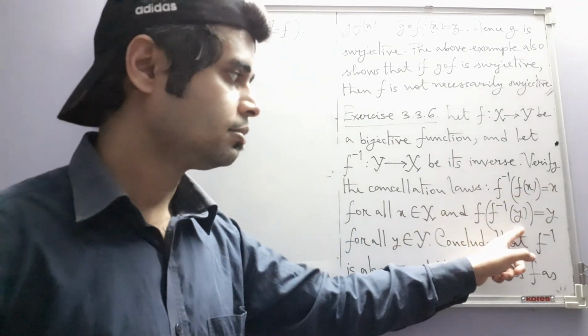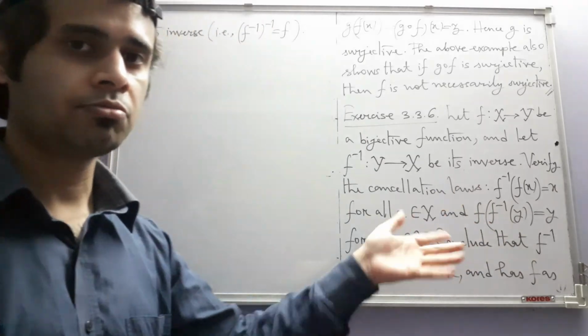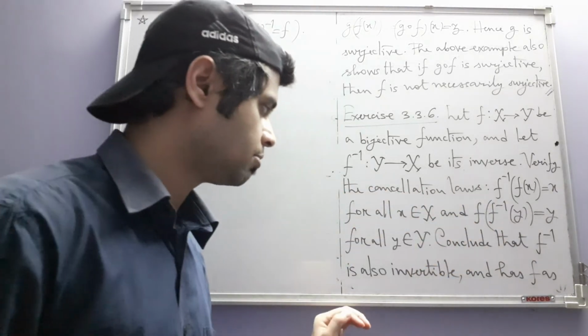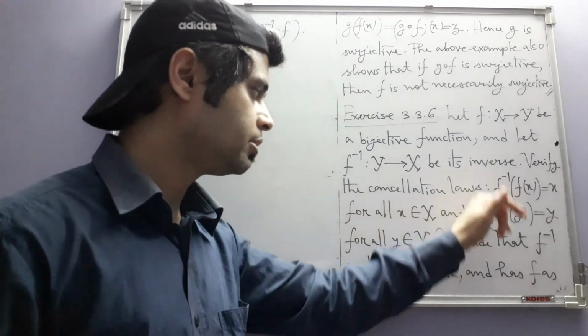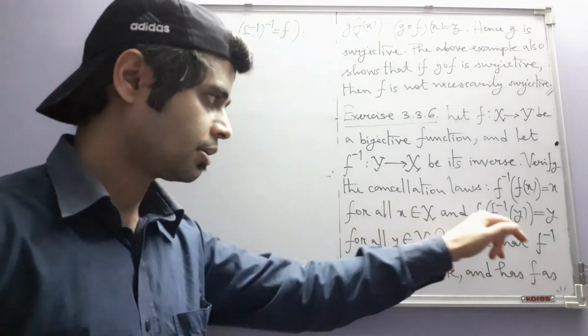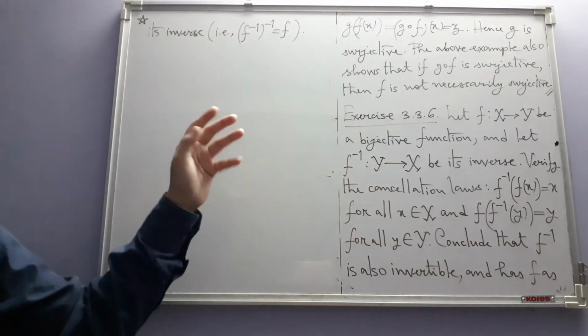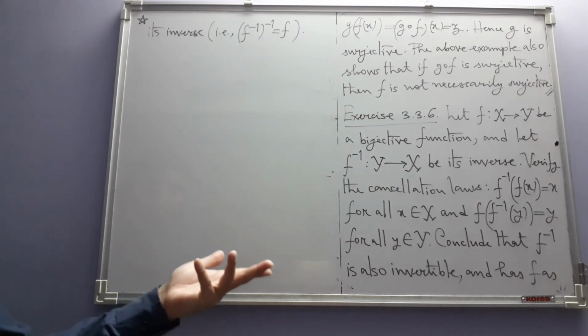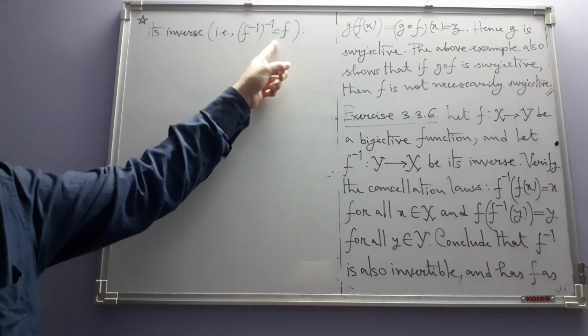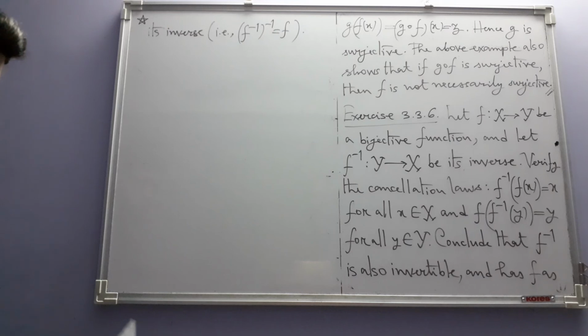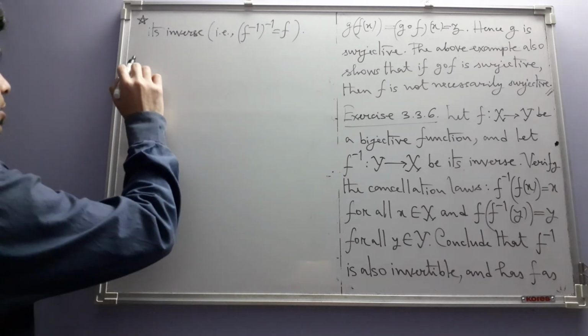And a similar thing with F and F inverse switched, their positions switched, and from these two things we have to conclude that the function F inverse itself is also invertible and its inverse is nothing but F. Okay, so let us now see its solution.